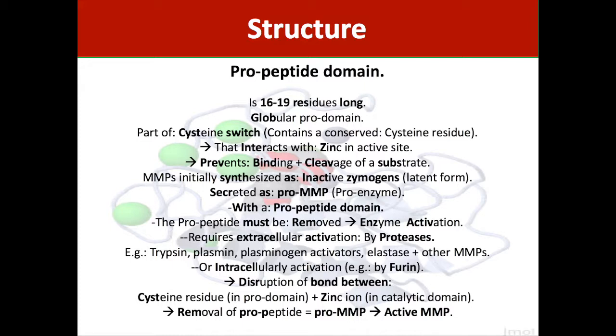The propeptide must be removed to cause enzyme activation, which requires extracellular activation by proteases such as trypsin, plasmin, plasminogen activators, elastase, and other MMPs, or intracellular activation, such as by furin, that cause disruption of the bond between the cysteine residue in the prodomain and the zinc ion in the catalytic domain. This way the removal of the propeptide is facilitated, which transforms the pro-MMP to its active MMP form.